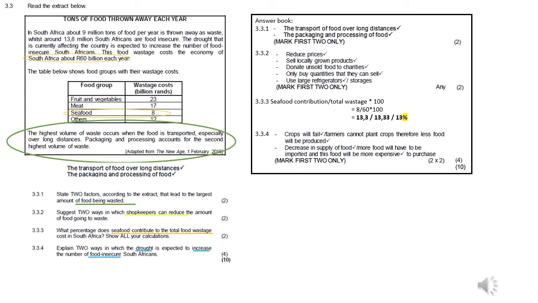More food will have to be imported, making it harder to acquire. Either of these will lead to food being more expensive to purchase. Remember that food security is availability of food and also access to said food. So crops failing will decrease the availability of food, and the decrease in supply or importing, making it more expensive, would make it less available.